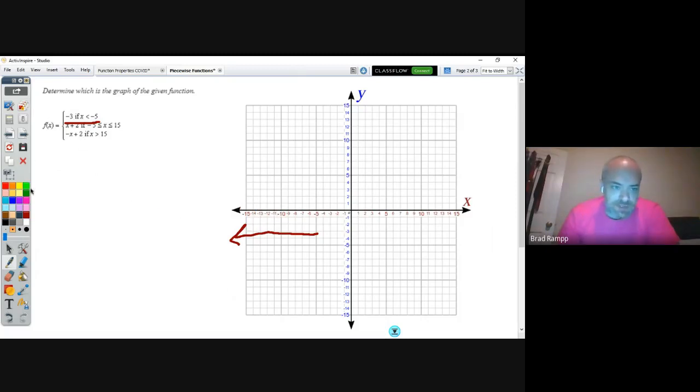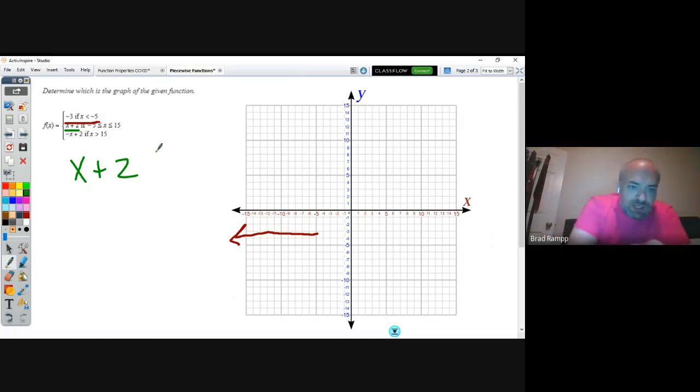Now let's go to the next function piece. f of x equals x plus 2 when x is between -5 and +15. Notice both of those are equal to's, so they're going to have solid circles on them. This one should have an open circle, but I'm going to wait and see what the output is for the next one. These things always go from left to right, so -5 is going to be the smallest value for this middle piece.